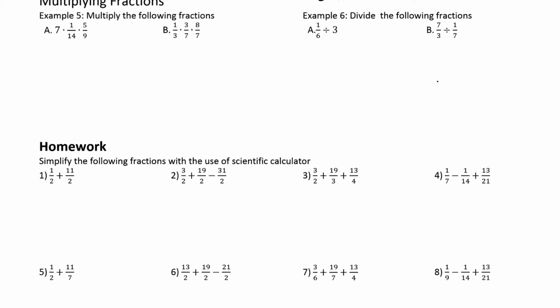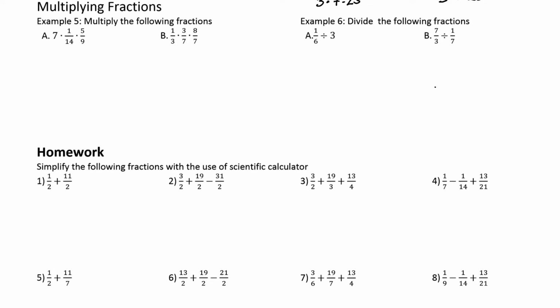You're going to notice that we have a whole number, 7, multiplied times 1 over 14 times 5 over 9. So we're going to multiply everything together. 7 times 1 is 7, times 5 is 35.